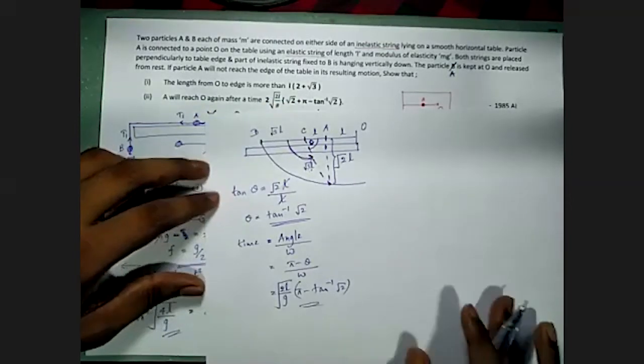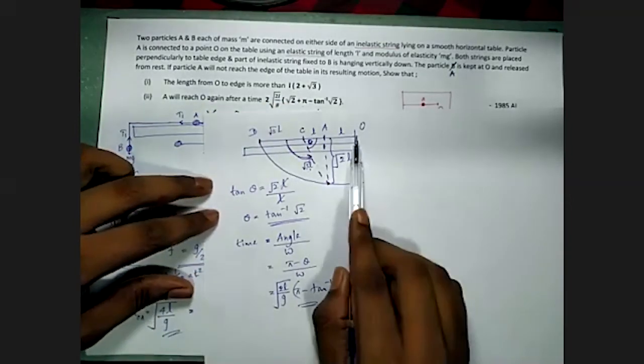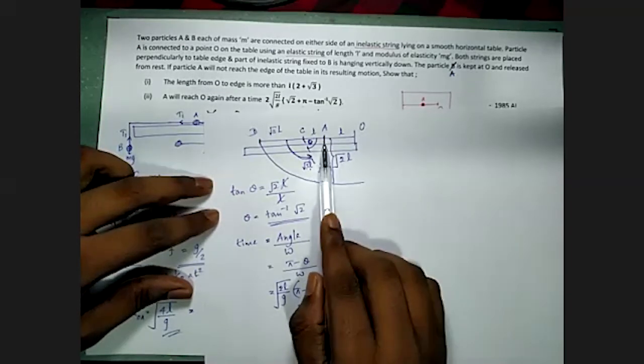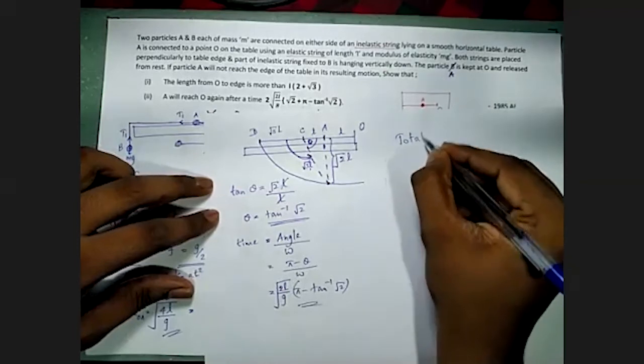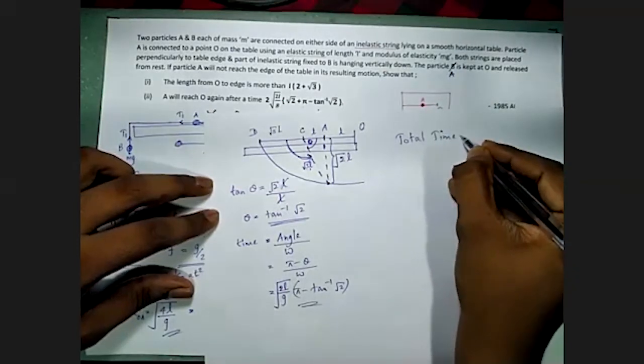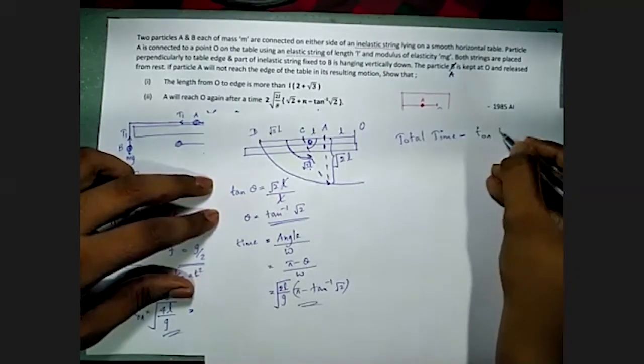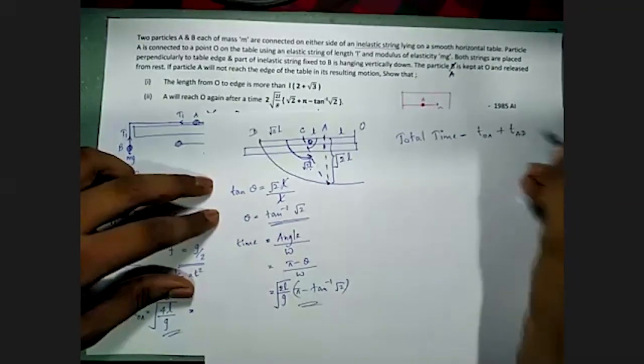Now what is the total time? Total time is TOA plus TAD. Total time is TOA plus TAD.